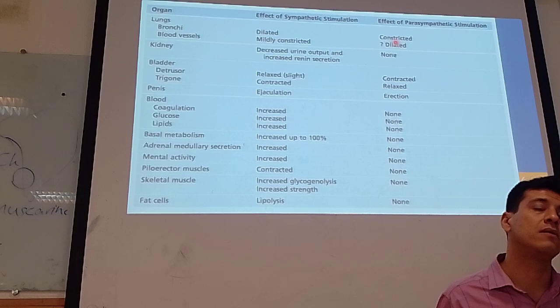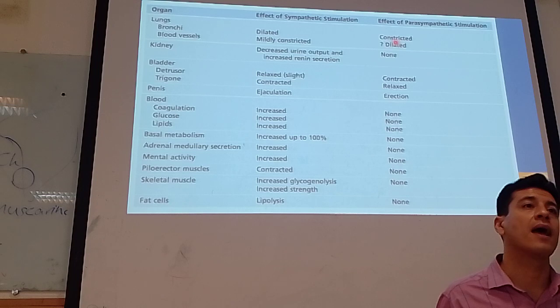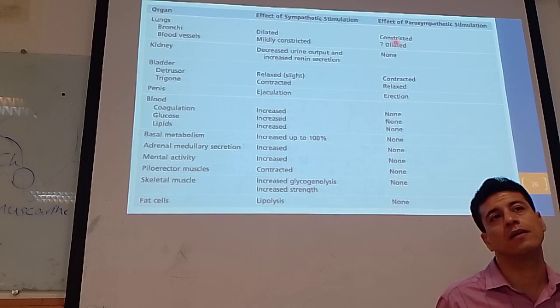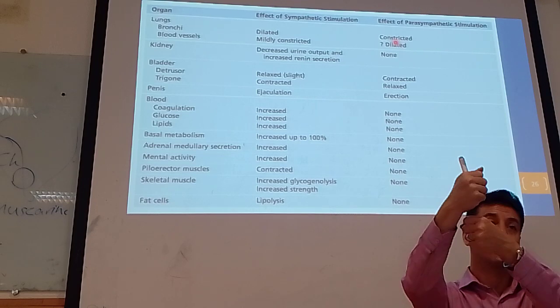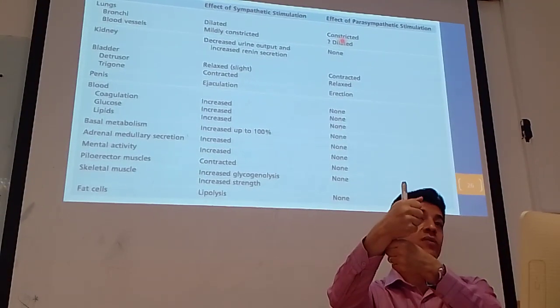Constriction? No, relaxation. Atropine blocks muscarine receptors and inhibits contraction. It's an antagonist of this receptor. Acetylcholine causes constriction through the muscarine receptors.